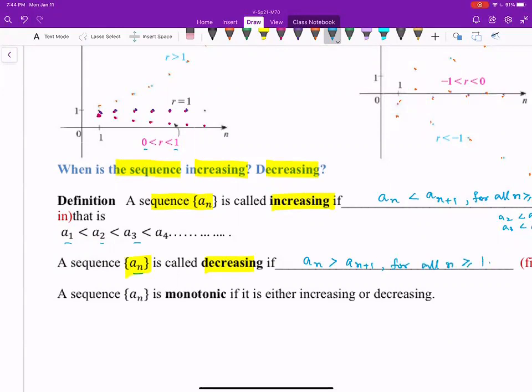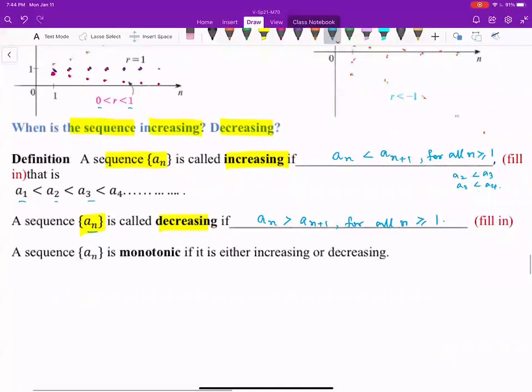So it is decreasing, that means it should be A1 and then A2 and then A3 like this, decreasing like that. So if you notice here, A3 is more than A4, A2 is more than A3, like that.